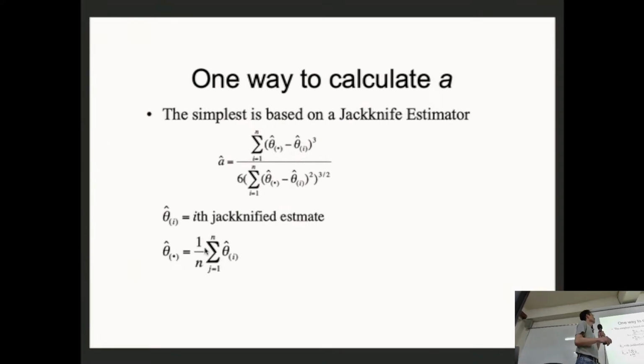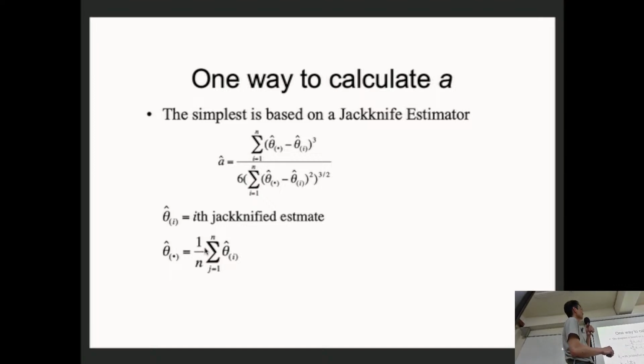Okay, so the question is how can we estimate A? There are various ways to estimate A, but the easiest, more or less good approximation is to estimate A using the jackknife estimator. And A follows this formula. What is this theta dot?